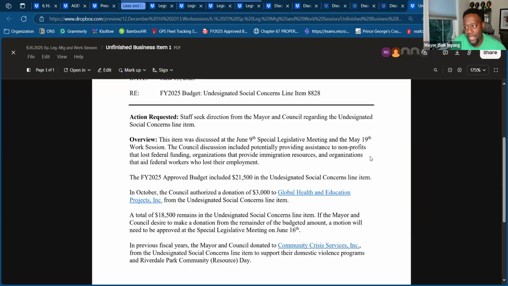If we want to direct staff to spend the money in some way, then they'll need direction from us and a motion and a vote, I guess, on it as well. So that being said, I know there were a lot of conversations about potential items. I'll open up for the council if there's any comments or discussion on this item.